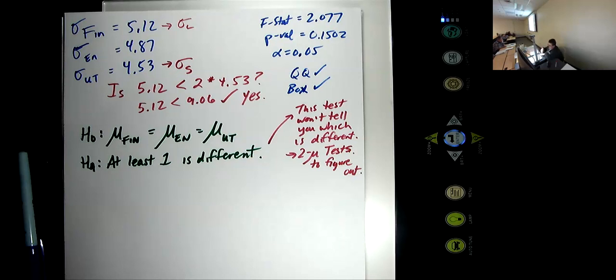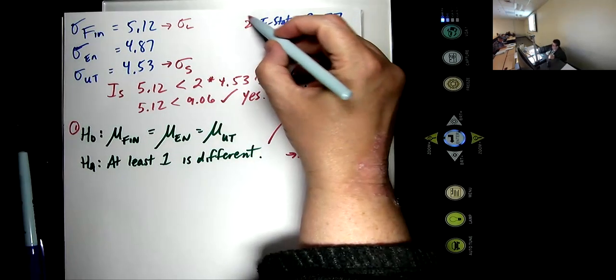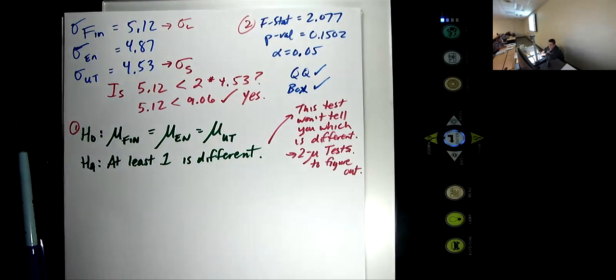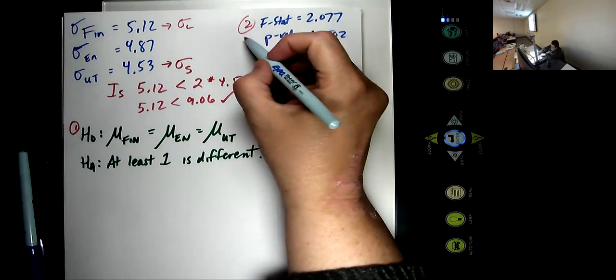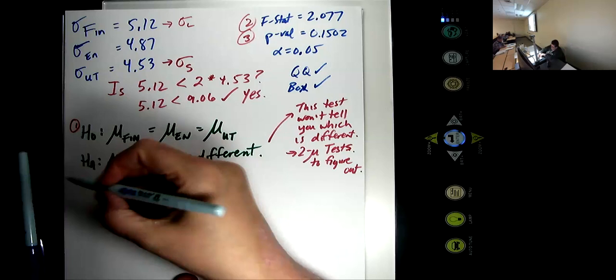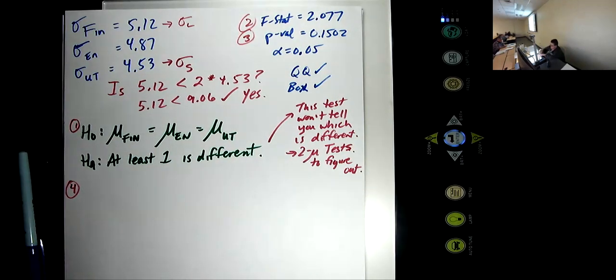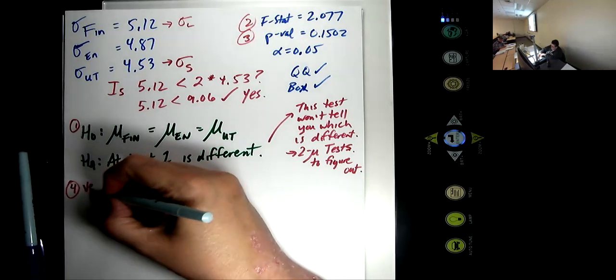So this was step 1. Step 2, I actually have listed up here. And step 3. That's 2 and 3. Get the p-value, the test stat, and alpha. So what is step 4? Verdict. How do we determine the verdict?